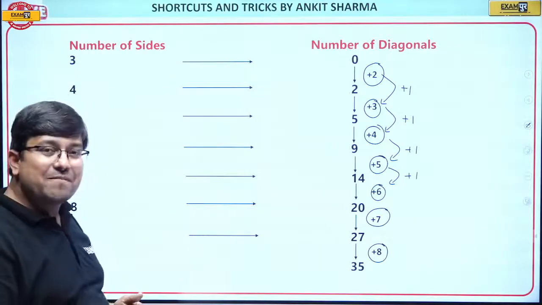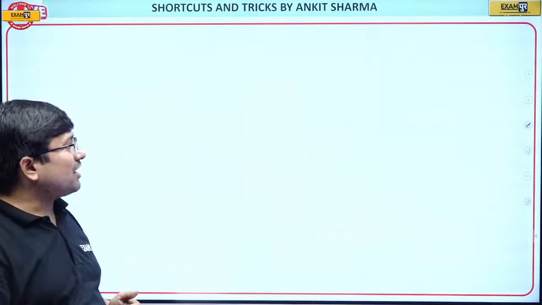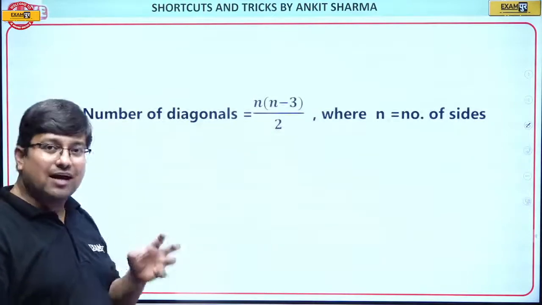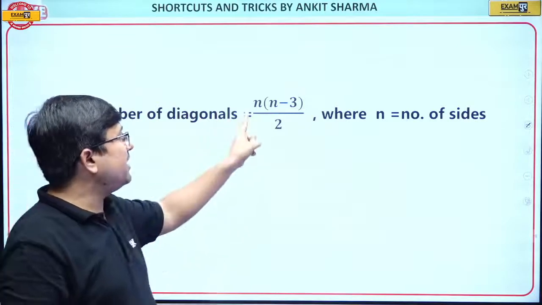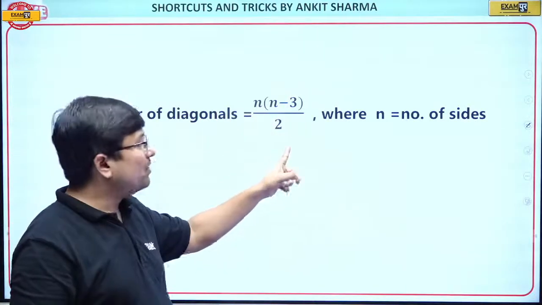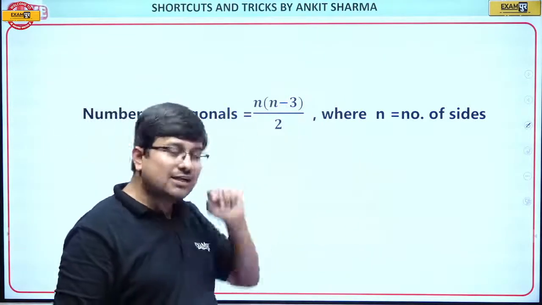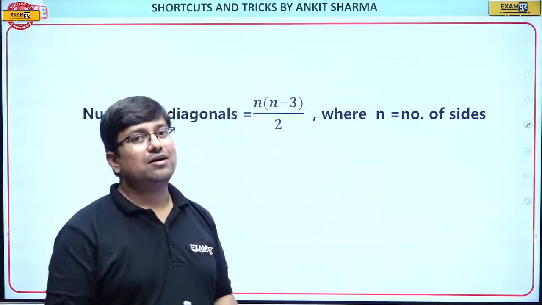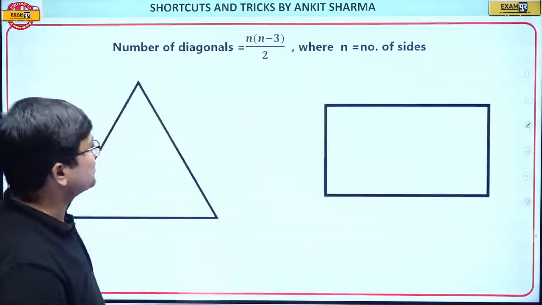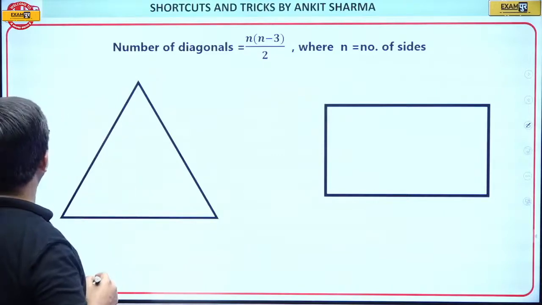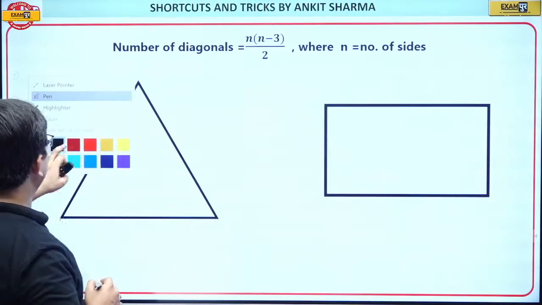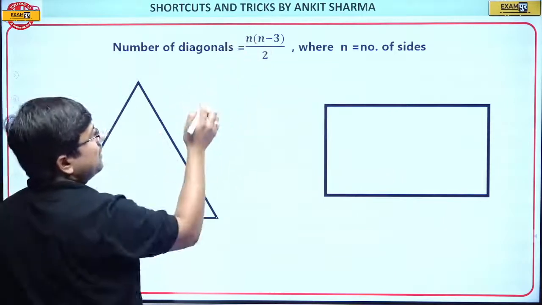My dear students, the direct formula to calculate the number of diagonals in a geometrical figure like those we discussed is n into n minus 3 by 2, where n is the number of sides in the figure. Let us check this. In a triangle there are 3 sides, so let's put n's value as 3.